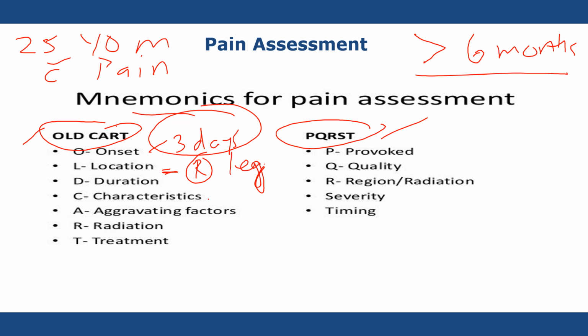Now, how about C? Can you really further describe that? Is this pain dull versus sharp? Like a body ache or headache, like a dull headache versus a sharp, worst pain ever, 10 out of 10 headache. That would be problematic, right?